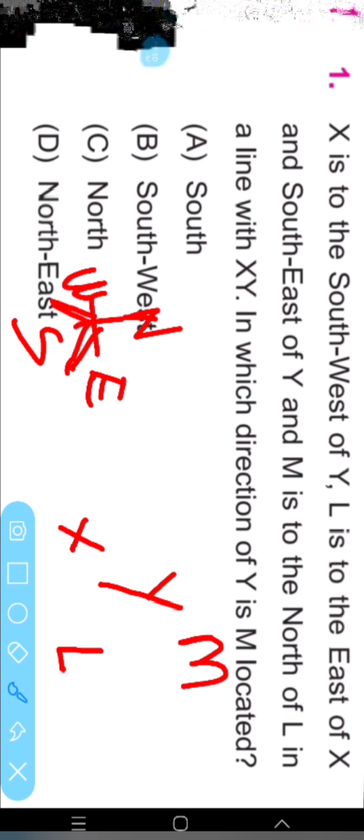If all the vowels are removed from the series given below, then which of the following is the ninth to the right of the 12th letter from the right end? So first of all, it is said that all the vowels are removed from the given series. Now basically we have to remove the vowels.